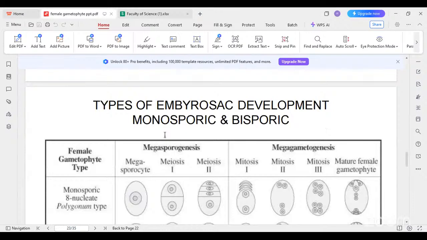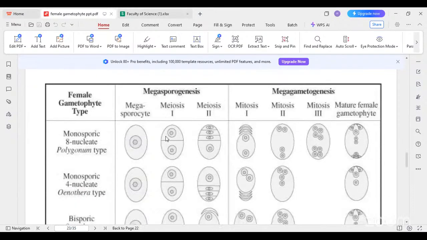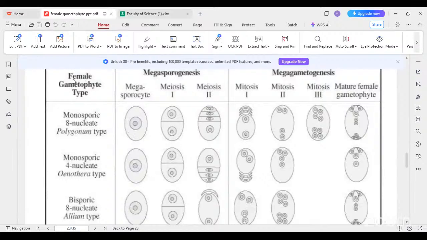Endymion type. See, types of embryo sac development: monosporic and bisporic methods. This is the female gametophyte, embryo sac development, with megasporogenesis and megagametogenesis. Both are present.